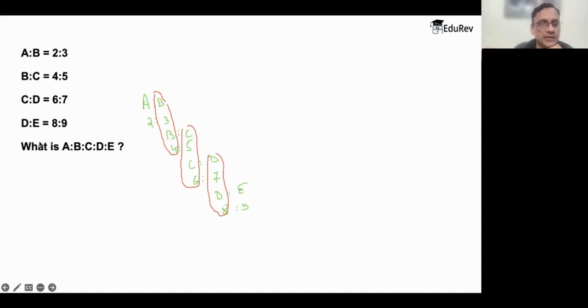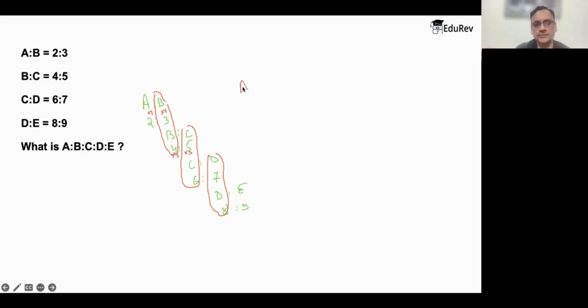Okay, so let's do this. B is the first one to be combined. B you can see is 3 and 4. Now 3 and 4, the LCM is 12. Even if you take product, that is also 12. So to make it 12, I should multiply this by 4, and this by 3, right?